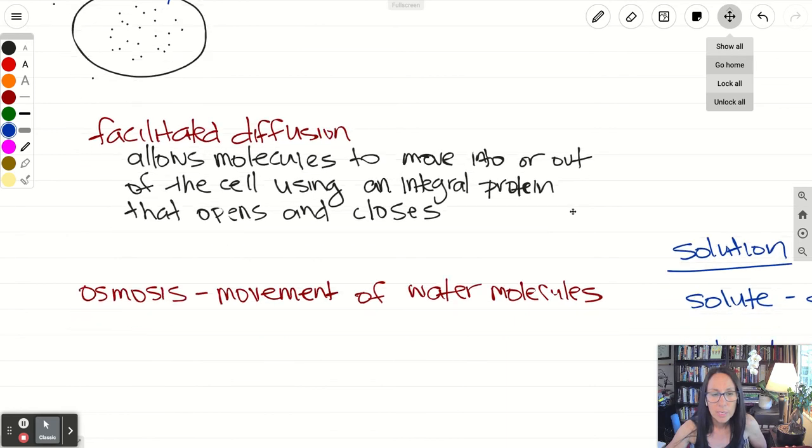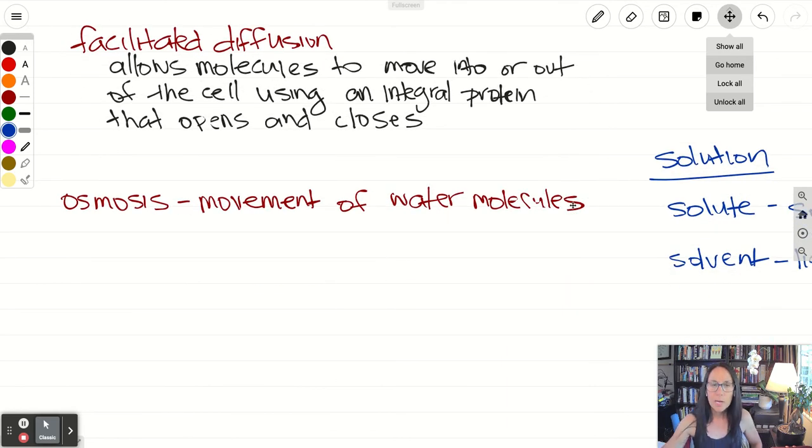Okay, so with osmosis, we're not talking about the movement of the solute. We're going to be talking about the movement of the solvent. Okay, so that's where it kind of shifts your thinking. And it's the movement of water molecules, and this is important for biology because in your cells, solutes cannot move in and out as they want to.